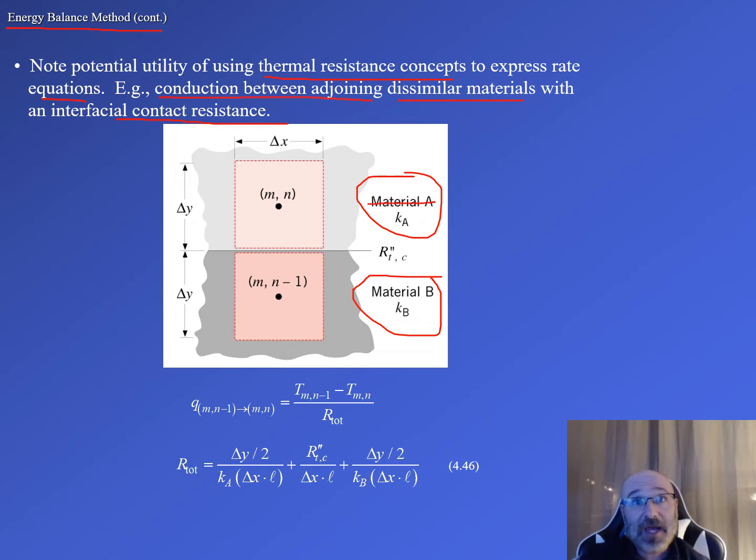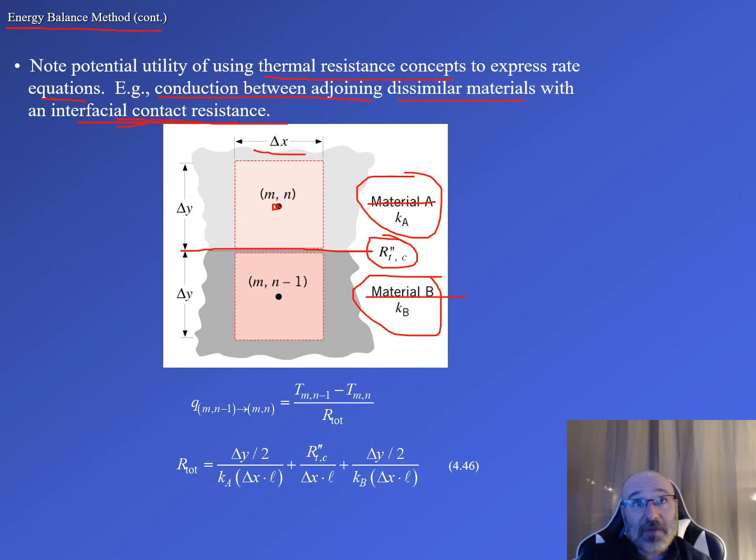So there's that material A and material B, two dissimilar materials, and there's now going to be an interfacial contact resistance between those two. We can see this given by an expression we've seen before, R sub T double prime comma C. This is our contact resistance between those two different types of material. Now we can see we still have the same node system set up. That's our node of interest, m comma n.